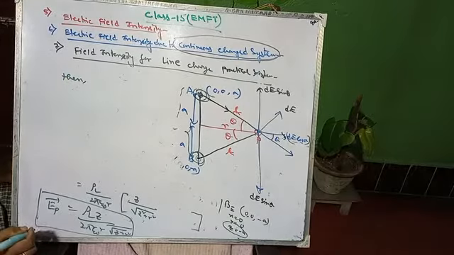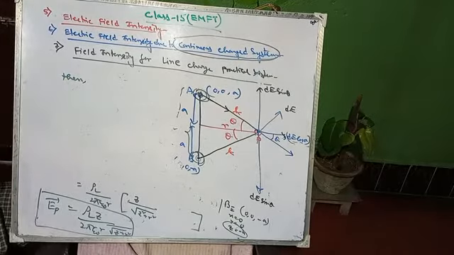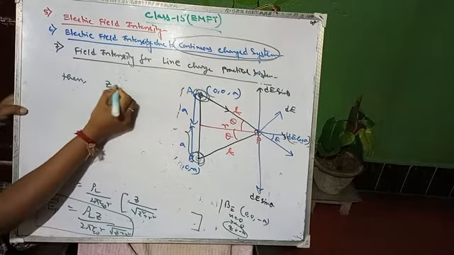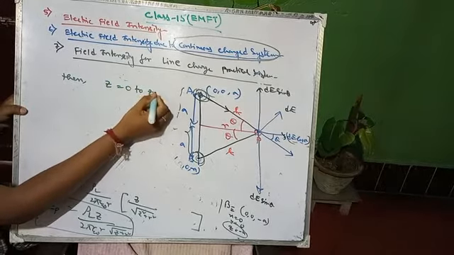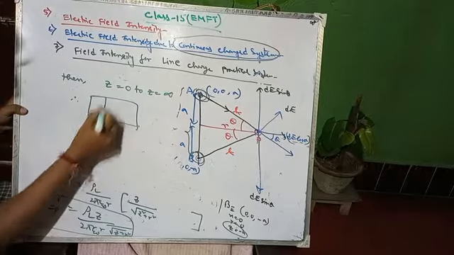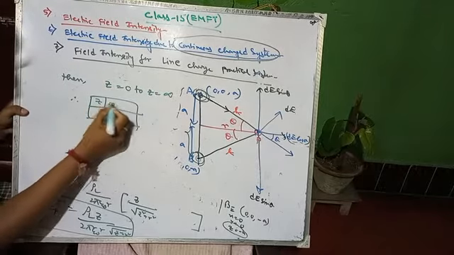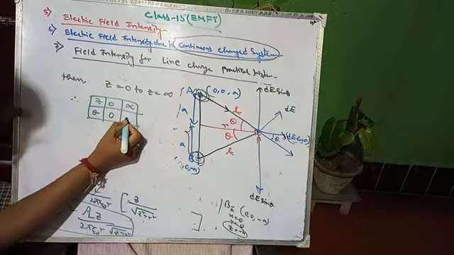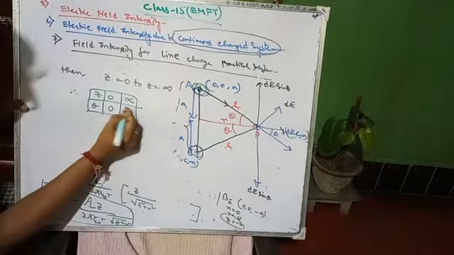the integral limit will be z equals 0 to z equals infinity, right? So therefore from here you have to again integrate. So z equals 0 to infinity, and similarly theta equals 0 to tan inverse infinity, which means pi by 2, right?